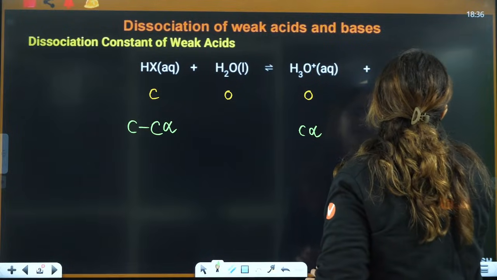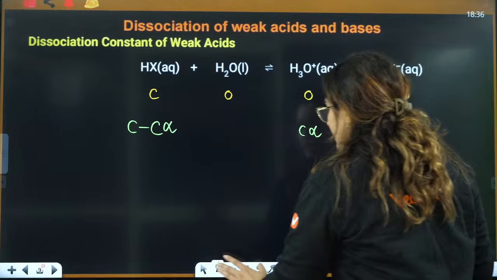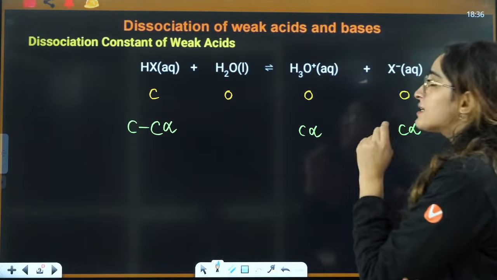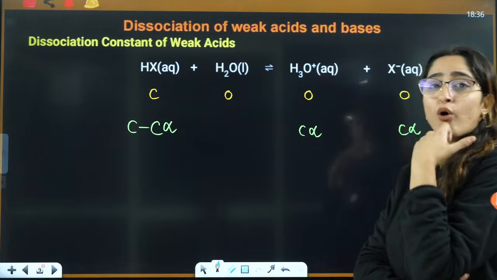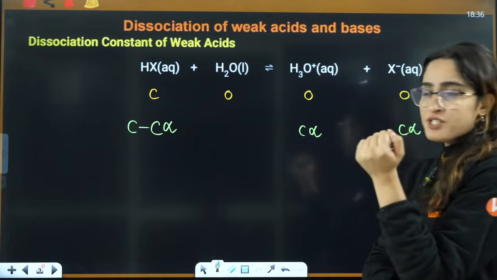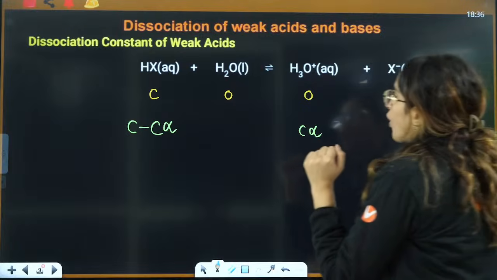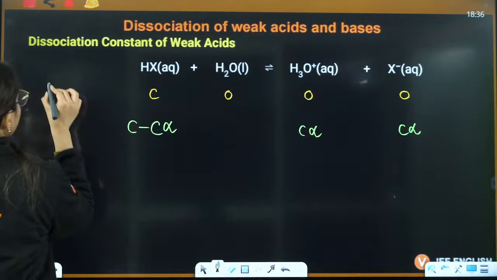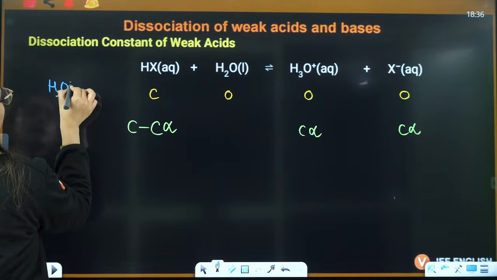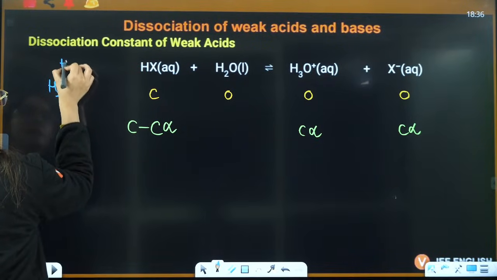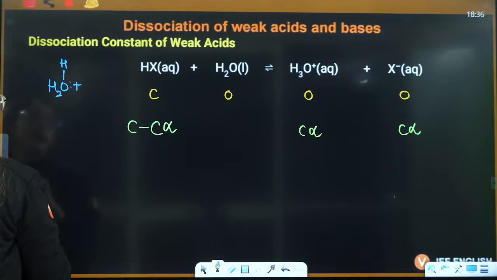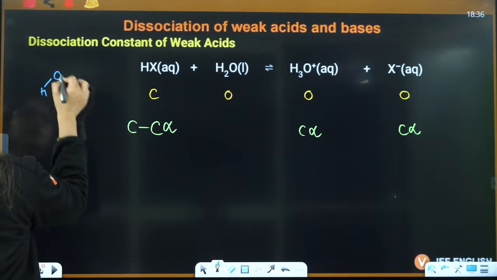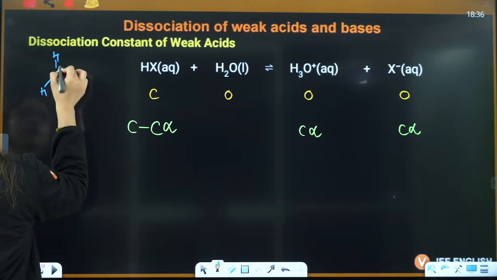Then the next question is: it is an acid, it is getting dissociated in water, so why is it giving H3O positive and not H positive? Remember, the lone pair of water will accept H positive and become the hydronium ion.